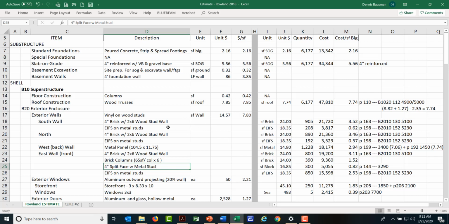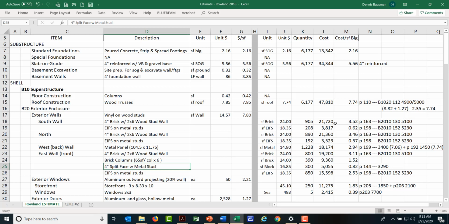On Roland, I actually had to break down the walls by elevation, and I identified the square footage of all these various types. Then for each one of those types, 4-inch brick on 2x6 metal stud, go to page 163, that number, and that's what I use. That's how I got the $24 a foot.